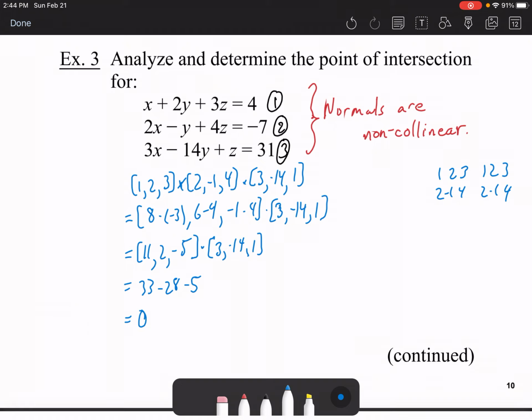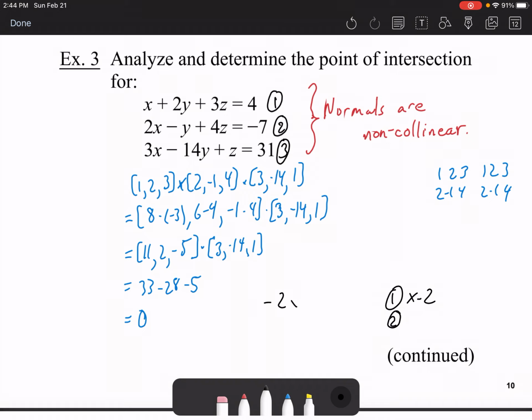So in this case, I'm going to eliminate the variable x. To eliminate the variable x, I'm going to take my first equation, multiply by -2, and add it to my second equation.